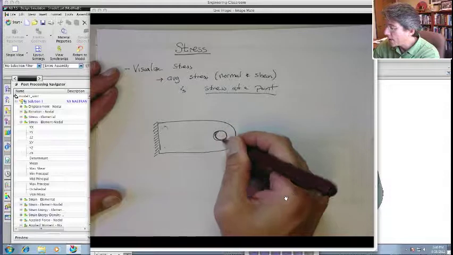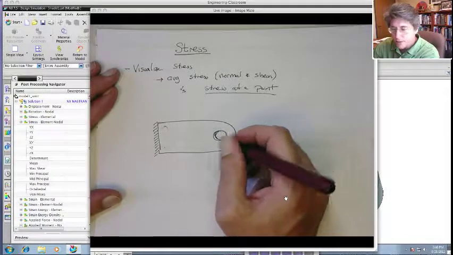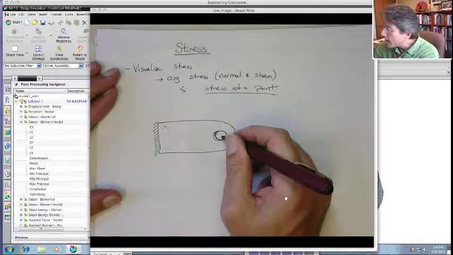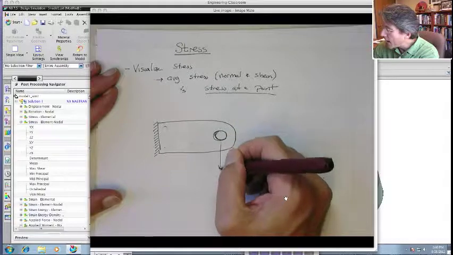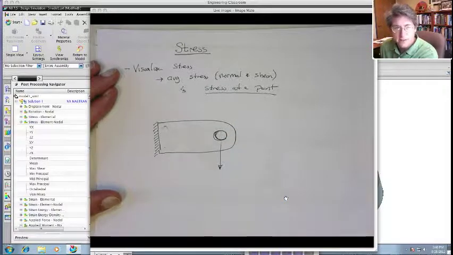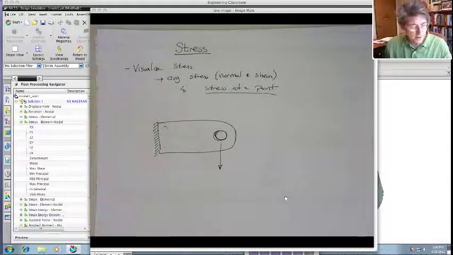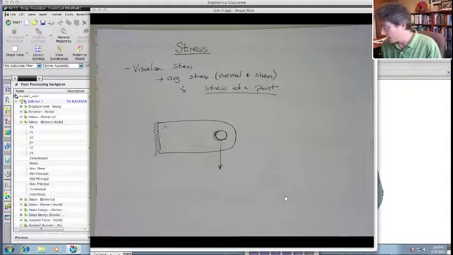Here we have a hole where there's a screw or a pin, and let's assume that that has a net download acting like this. All right? And when I make the finite element model, let's find where we fix this.